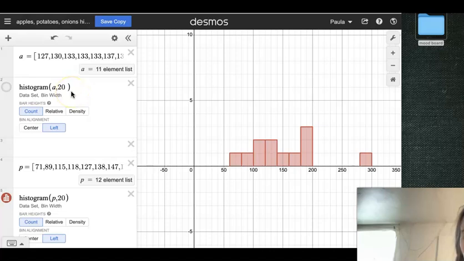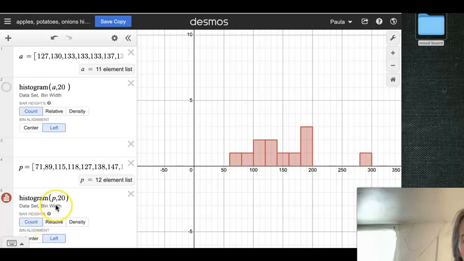I was able to mess with the settings and get this to work. And so this is quite elaborate, and I would like to teach you how to use Desmos for your data. But what I did was I put in all of the apple weights. You just tell Desmos A equals, and then you give it the list. And then in the next box, you say histogram A, 20. But I have the apples turned off right now.